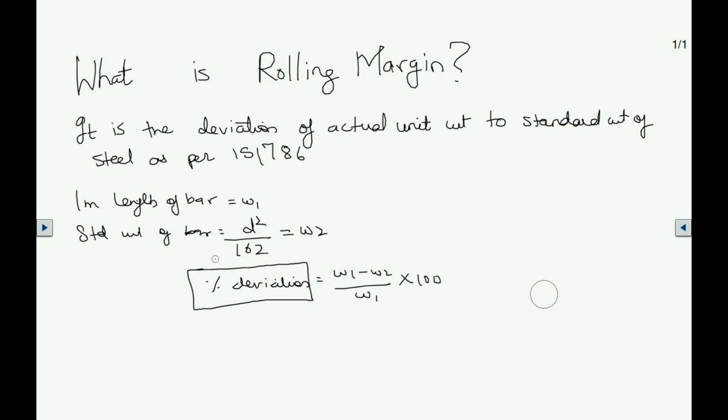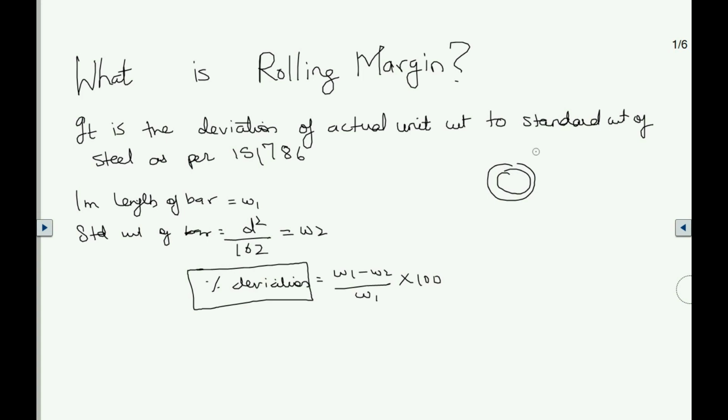So let's see why the rolling margin test is done. During the manufacturing of steel bars, a die is used for casting the bars. The die has a certain diameter. Suppose this is the die; the internal diameter of the die will be equal to the diameter of the bar being manufactured.